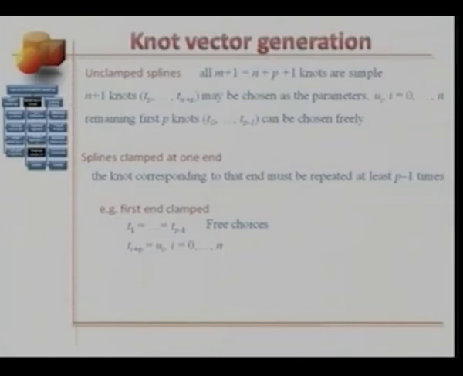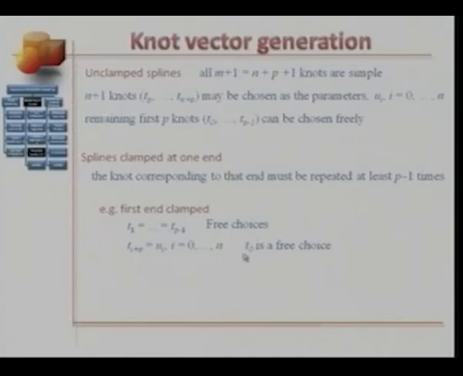Now, the knots Ti plus p can be set to be equal to U of i, that we would have computed using the different parameterization schemes we have discussed just now. The index i is going from 0 to n. How about t sub 0?